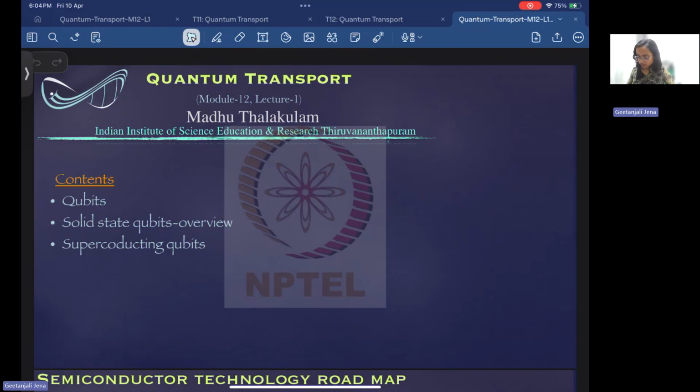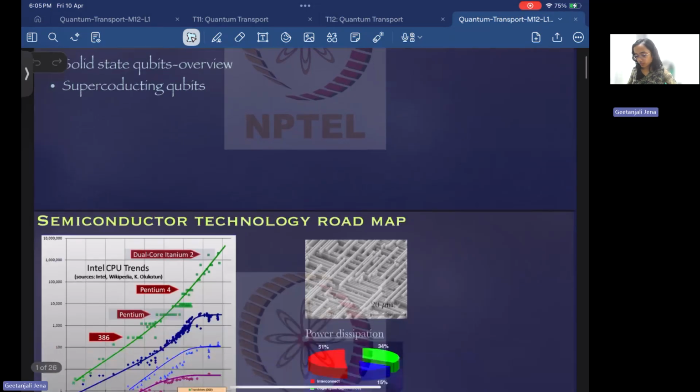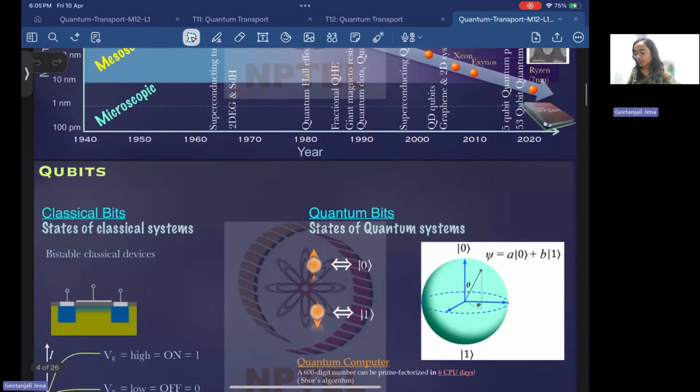So let us start. To store, measure or manipulate information, we have two different types of systems. One is the classical bit and another one is the quantum bit. The classical bit uses the states of a classical system to store and manipulate information.